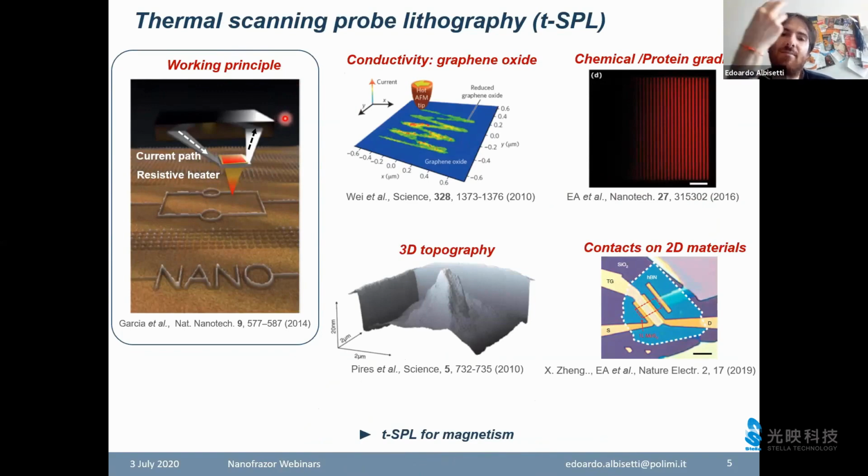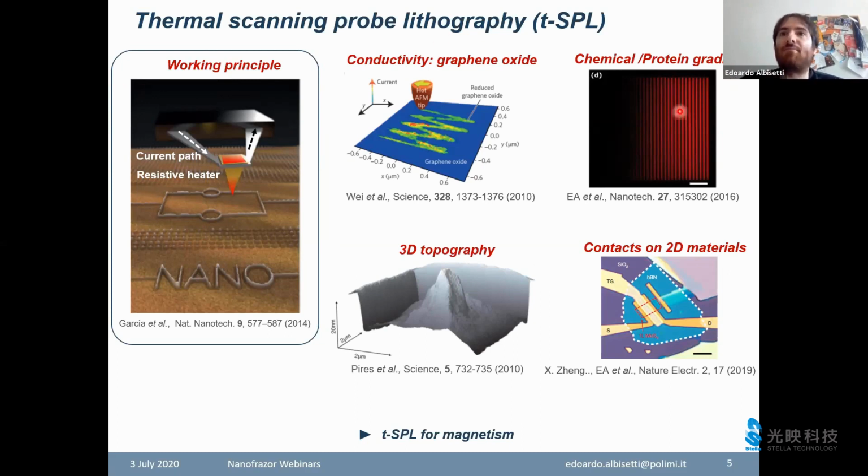Since the tip of the AFM ideally ends up with a spot that is a few nanometers in size, if you have this controlled hotspot that you can move around the sample with high precision, you can produce all kinds of chemical and physical reactions that are mediated by temperature. Or you can make some reactions that will happen in any case really faster, so that you promote this reaction only in the place that you are heating on the sample.